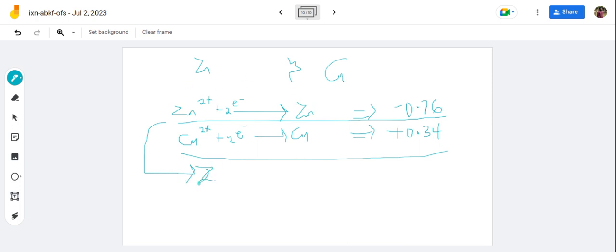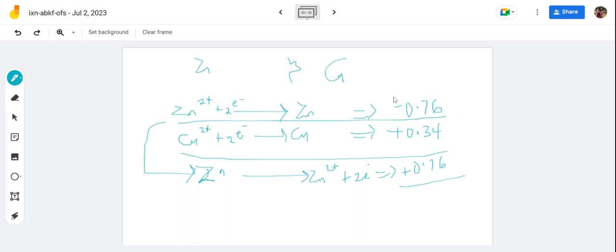That will now be Zn giving Zn2+ plus 2e minus. That means the potential will now be plus 0.76. Now that copper is reducing and the anode is oxidizing, we add the two together.